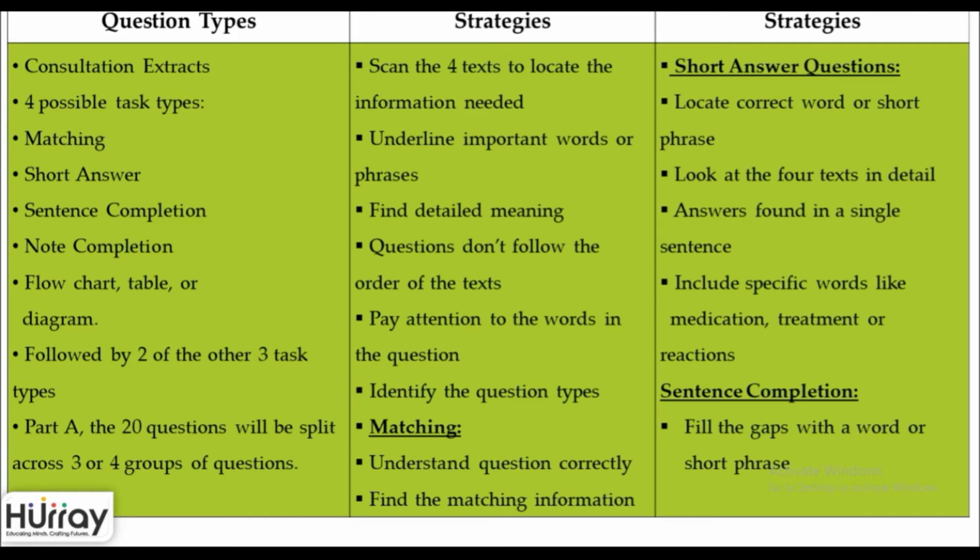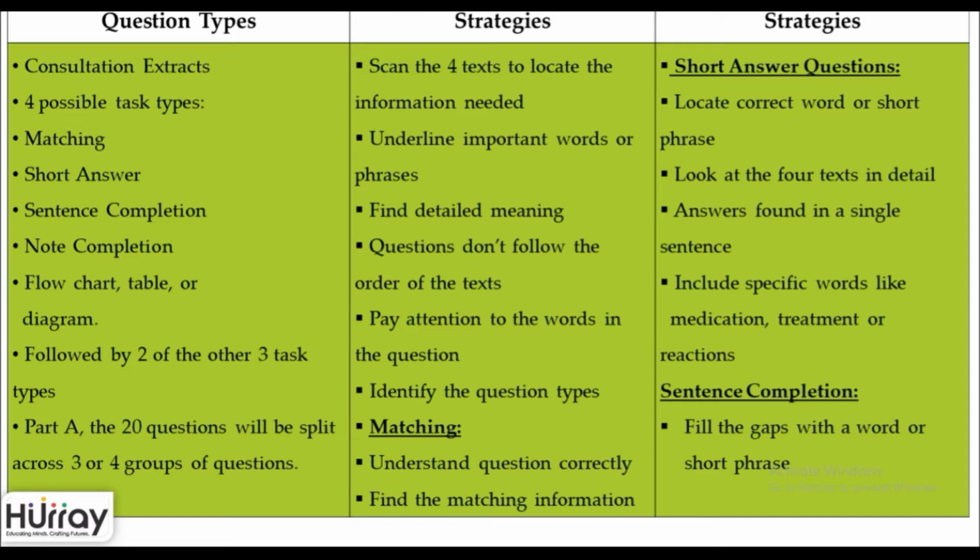Here are the types of questions that usually come for Part A and the strategies to answer them. First, you must notice the kind of questions given to you, the question type. They are usually consultation extracts. You will mostly be given 4 possible task types.